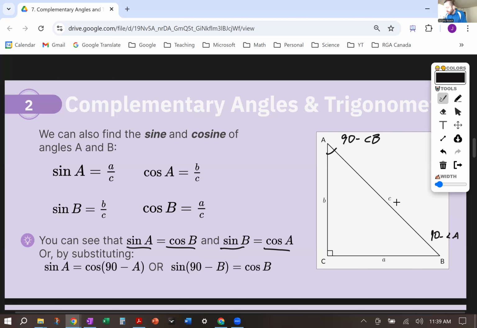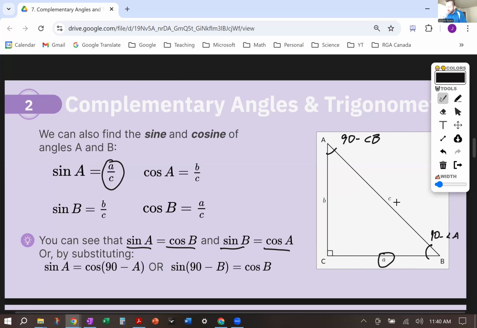So sine A is A over C. It's opposite over hypotenuse. That's what sine A is. And cosine B is, cosine stands for adjacent over hypotenuse. So now if we're looking at angle B, the angle next to it is A. That's the adjacent.